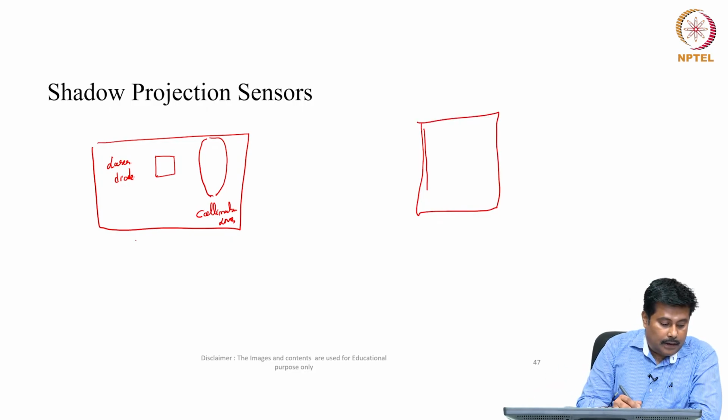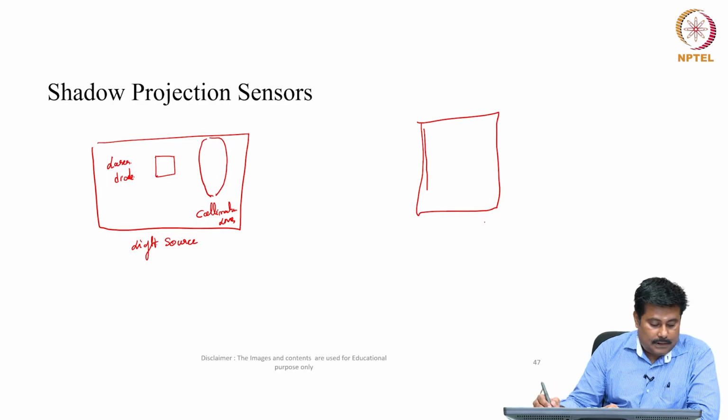One is a light source, and this is a CCD image sensor and a receiver.